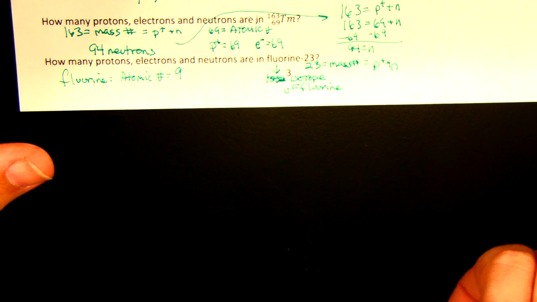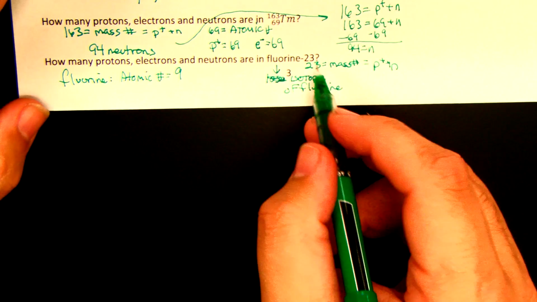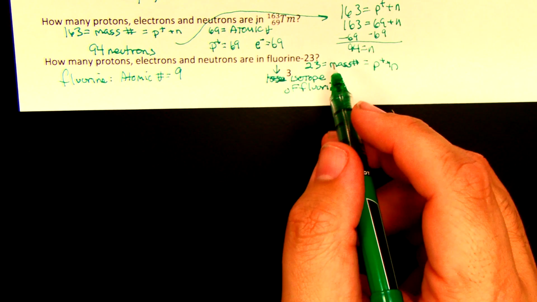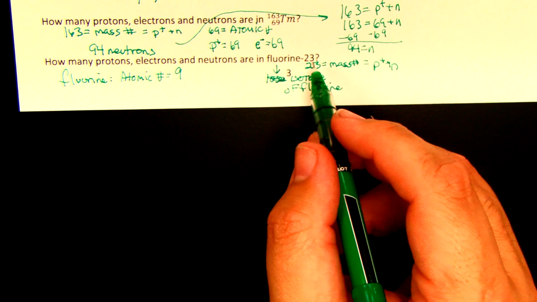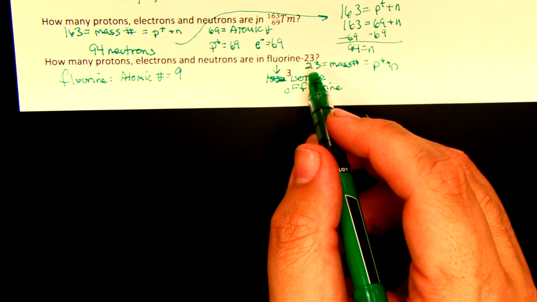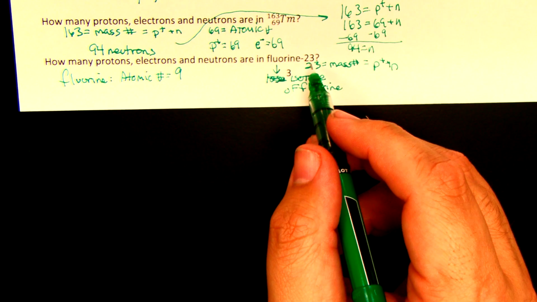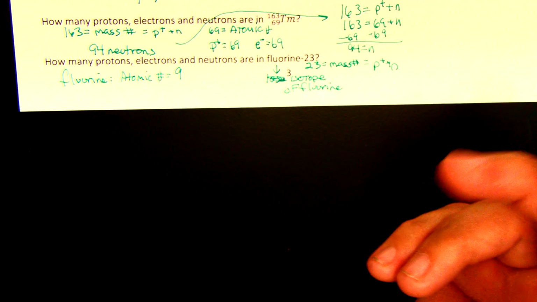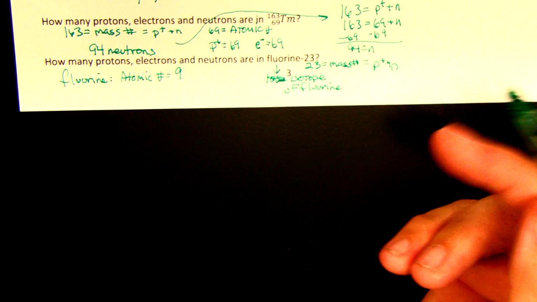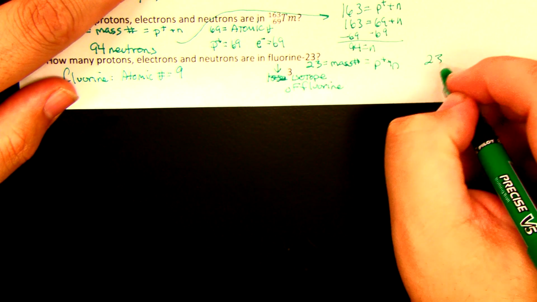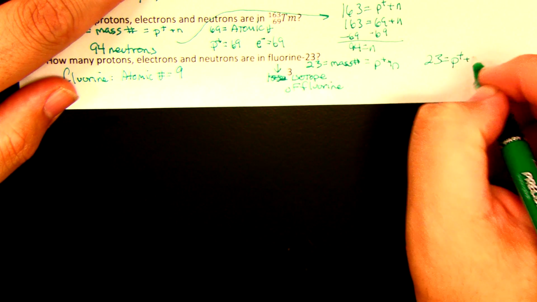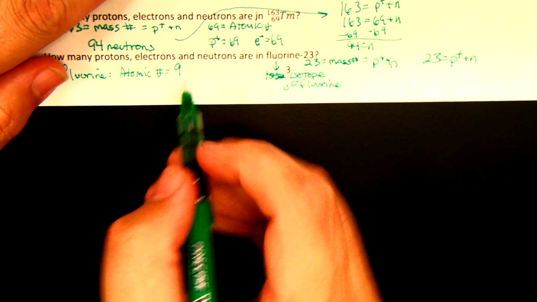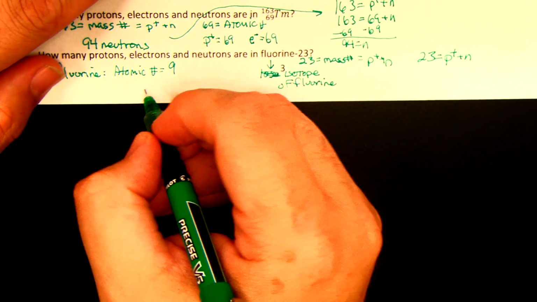So don't say, as a couple people have said the last couple hours, oh, but fluorine has a mass number of 20, so why didn't we use 20 instead of 23? Because we're using an isotope. We're not using the actual one here. So I know 23 is equal to protons plus neutrons. The atomic number is 9. So what's the number of protons? 9.